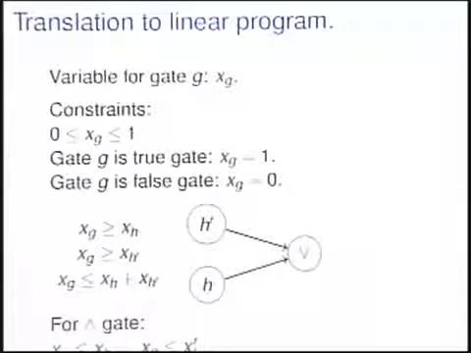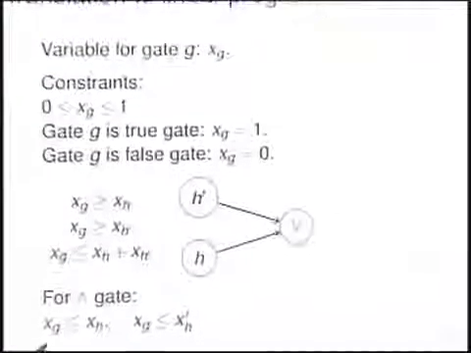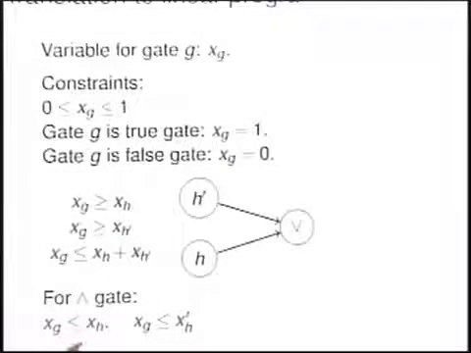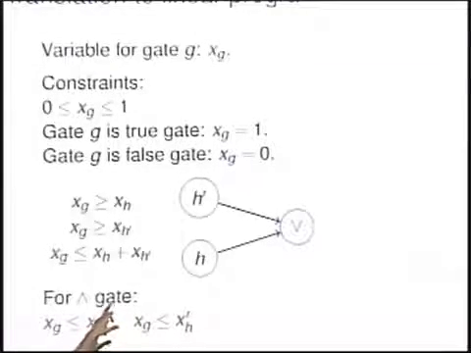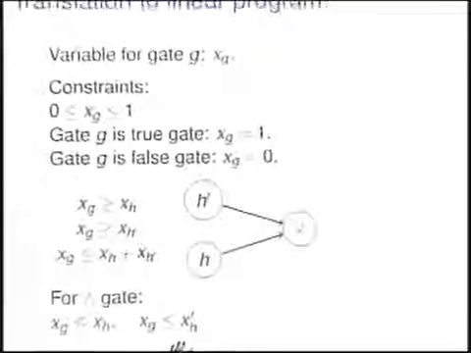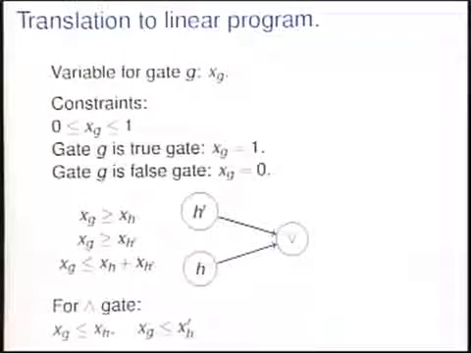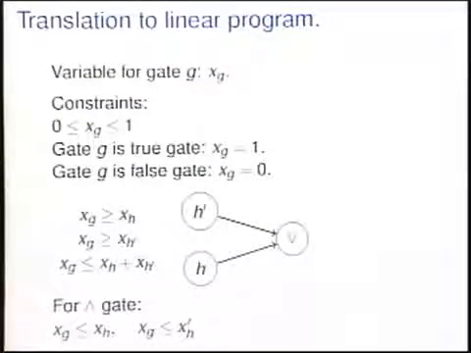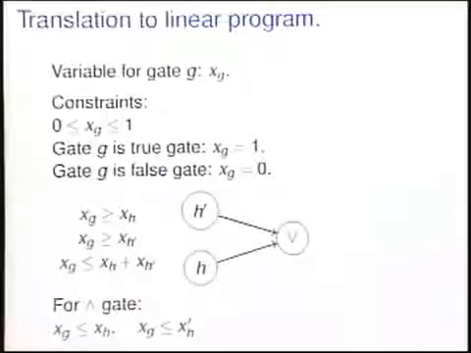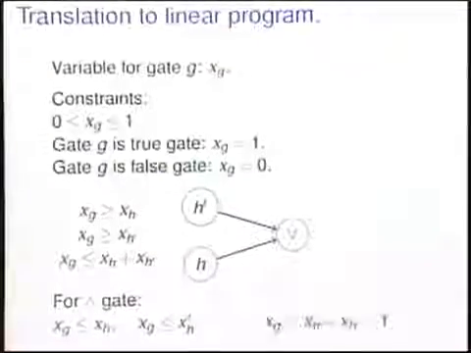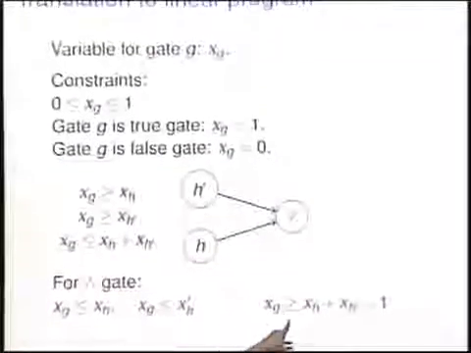And you can similarly code up an AND gate: x_g can be at most the value of either of the inputs. Right? AND says both of them have to be true for you to be true. So if each one is 1, you can be 1. If either one is 0, you can't be. You have to be 0. That's what this says. But if both are 1, then you should be at least 1.